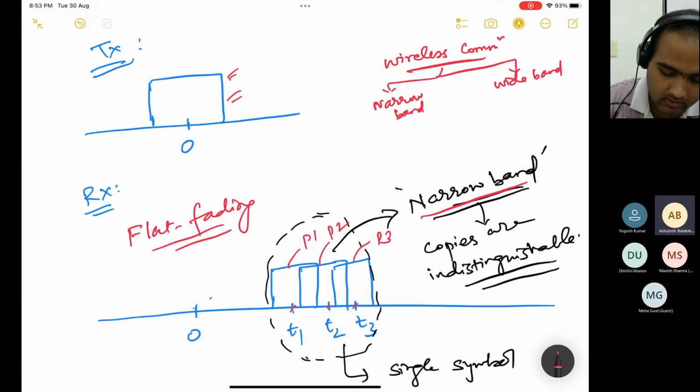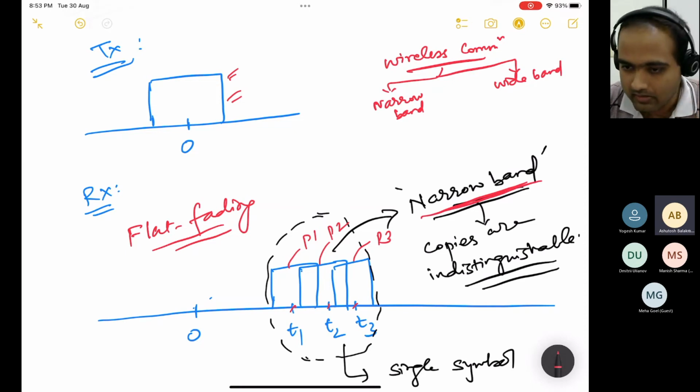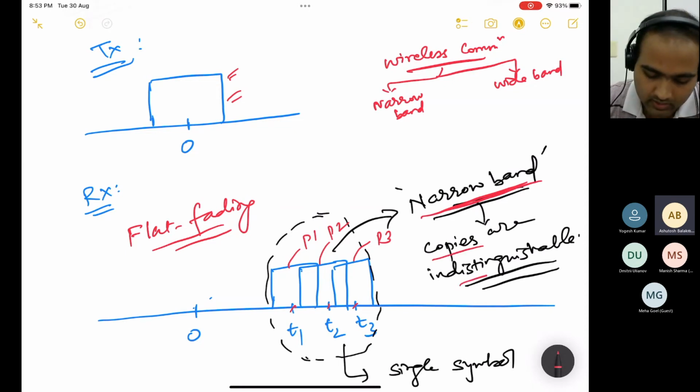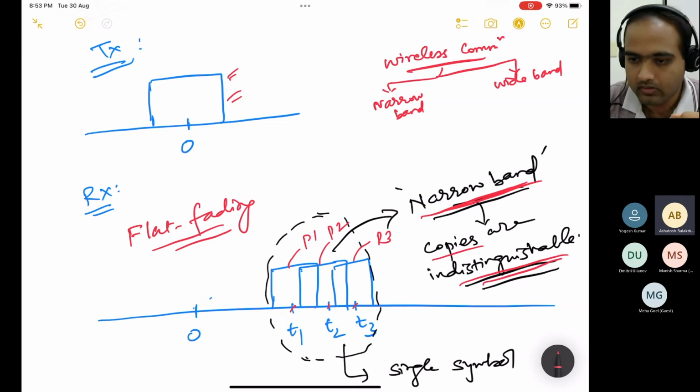In a narrow band scenario, when our bandwidth is narrow band, these copies are indistinguishable. So you cannot resolve these different signals. That is the problem in a narrow band communication.